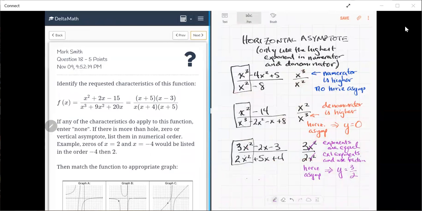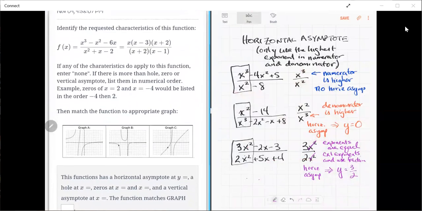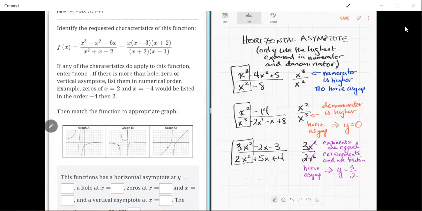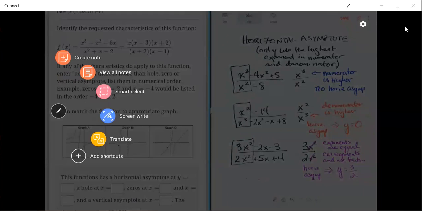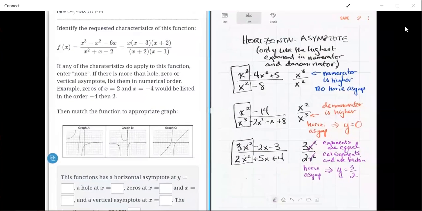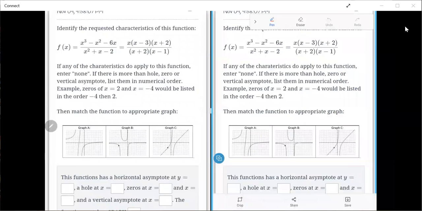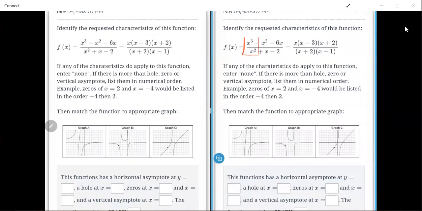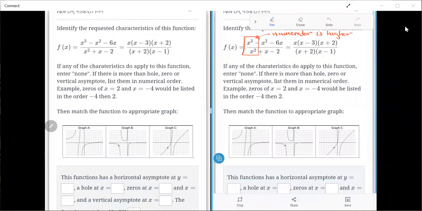So I'll go over here. The first thing we do on this one is look for the horizontal asymptote. Now the numerator is higher, so the 3 is greater than the 2.